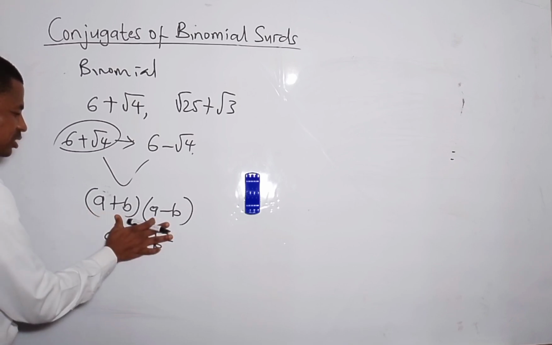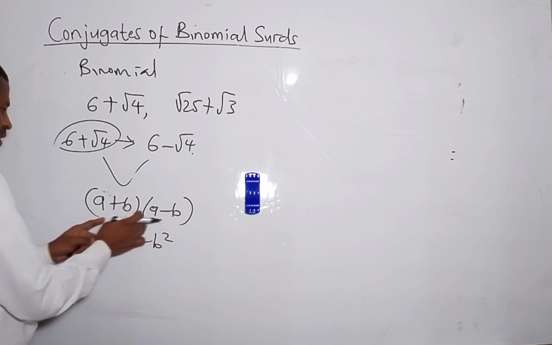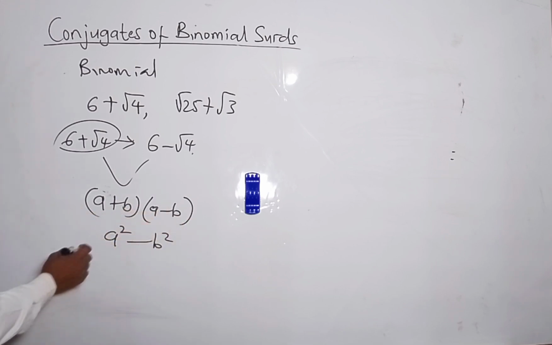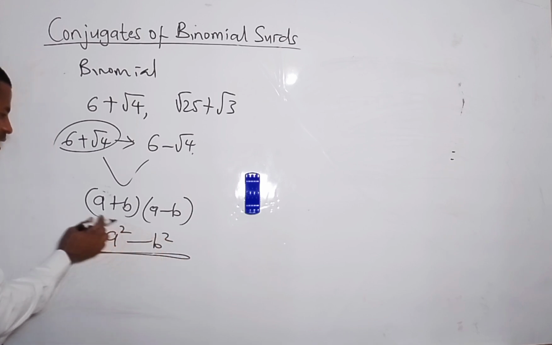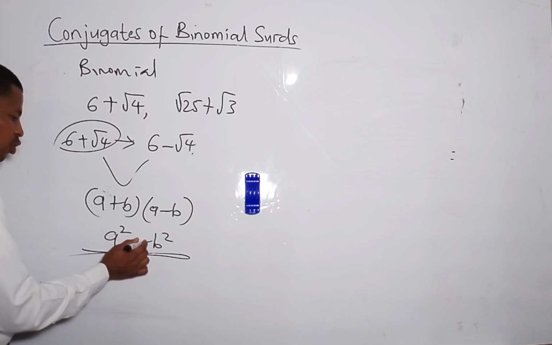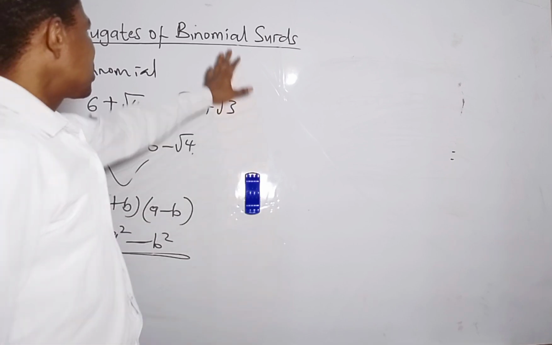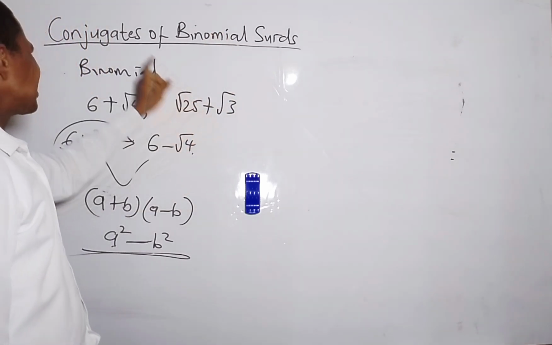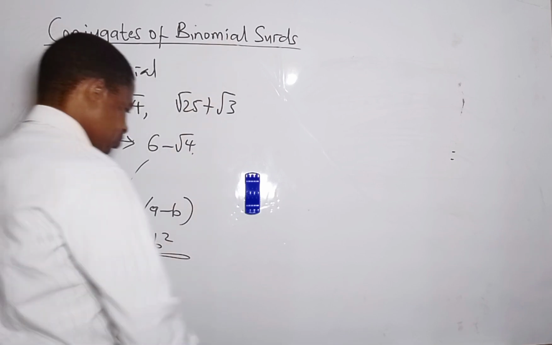The answer of a plus b in one bracket, a minus b in another bracket: if we are to rationalize this, eventually we are going to get a squared minus b squared. And that is the difference of two squares. So binomial surds are expressions in which one or both terms are surds, and the conjugate is the opposite we use to rationalize the binomial surds.